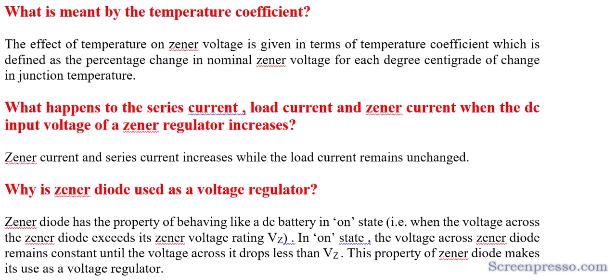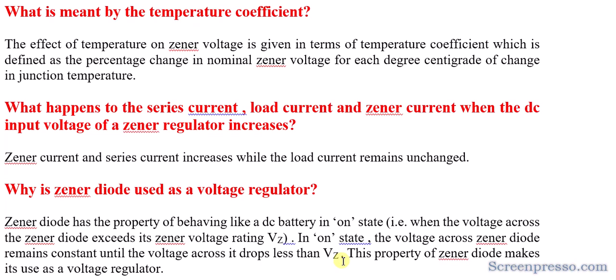Now the next question: why is a Zener diode used as a voltage regulator? The Zener diode has the property of behaving like a DC battery in the on state. That is, when the voltage across the Zener diode exceeds its Zener voltage rating VZ, the voltage across it remains constant until it drops below VZ. So VZ is the threshold: VZ and above voltages will be allowed and conduction will happen.